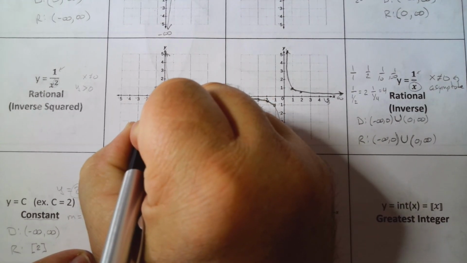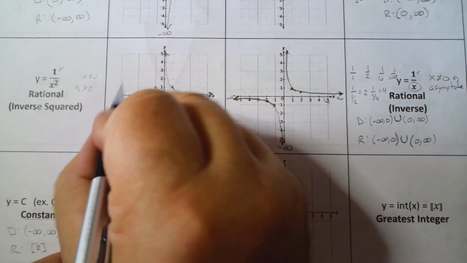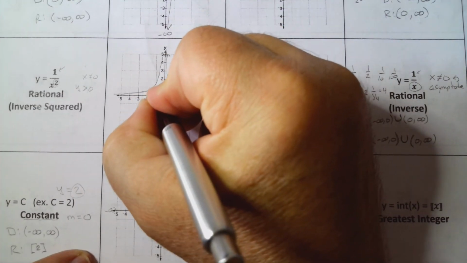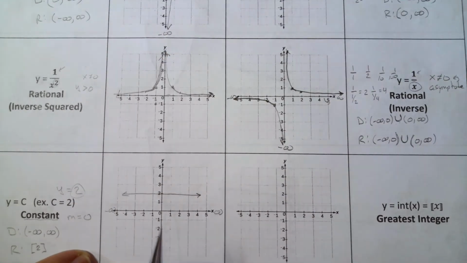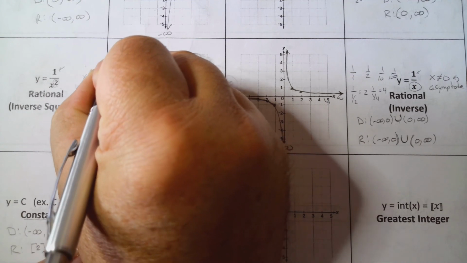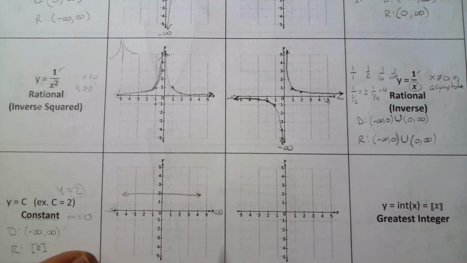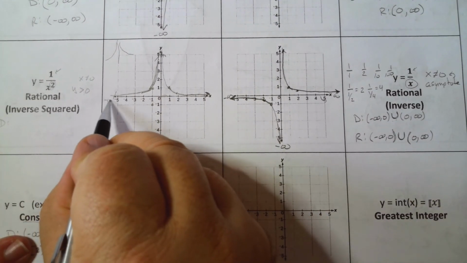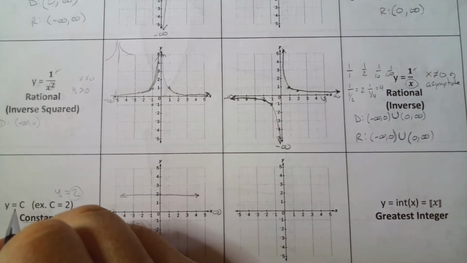If x is negative 1, negative 1 squared is positive 1, so it's 1. So this half of the graph looks like this. If you think about it, it looks like the Atari symbol. The domain here, again, starts at negative infinity, gets very close to 0, but doesn't touch it.